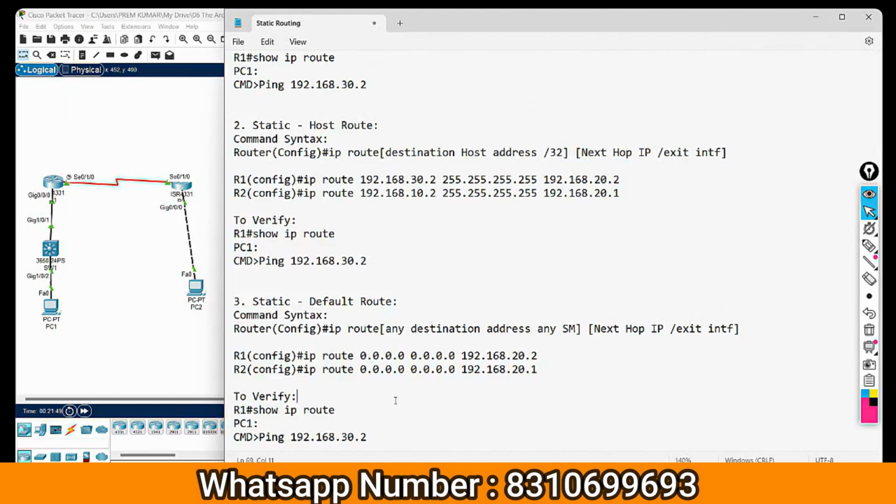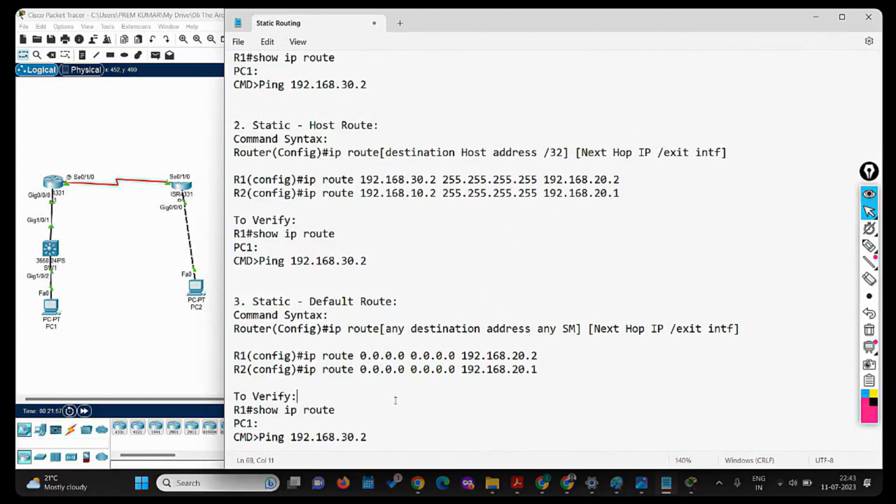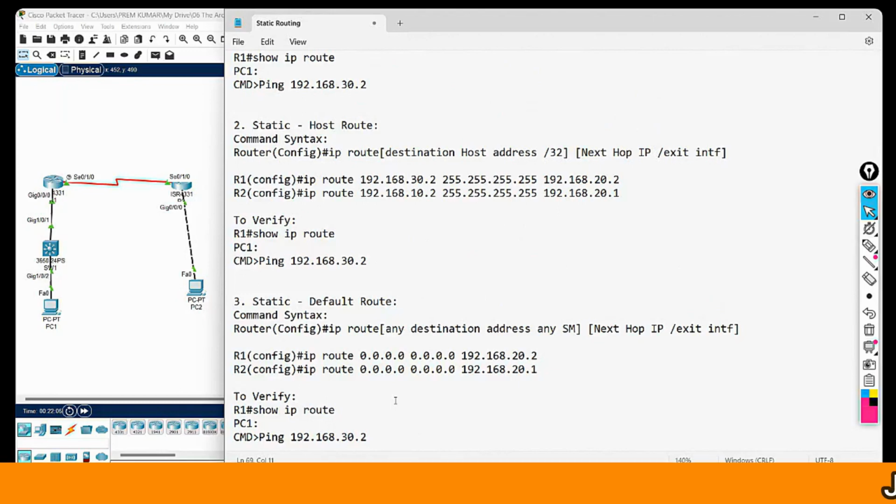Sir, in such a case, it may create traffic, right? See, where we will use this default route is, for example, in your home you have a router, the internet router. Through this router you go all over the internet.